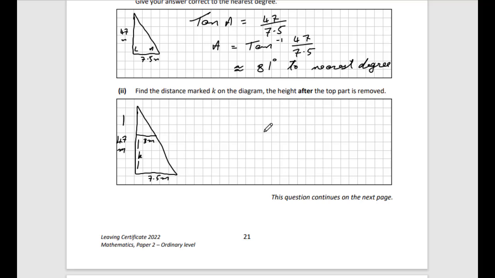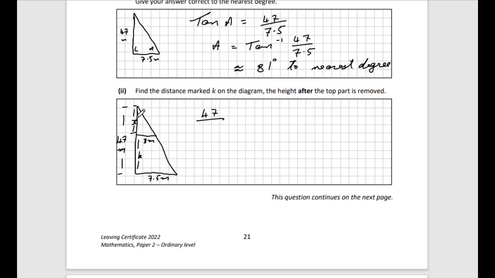Now, 47 goes from here to here. So what I'm going to do here is use similar triangles. The formula that we can use, the sides are in proportion. I'm going to look at this small triangle up here. I'm going to call this distance here x. So I'm looking at two triangles, the big triangle and this small triangle here.